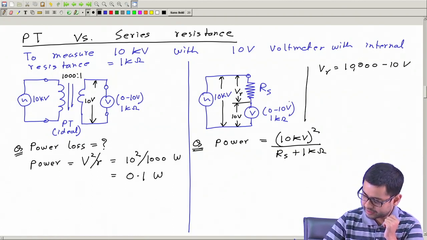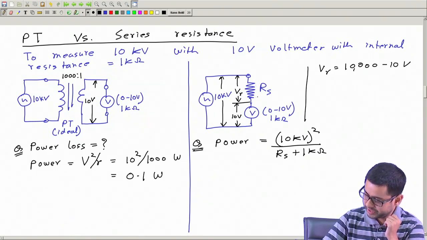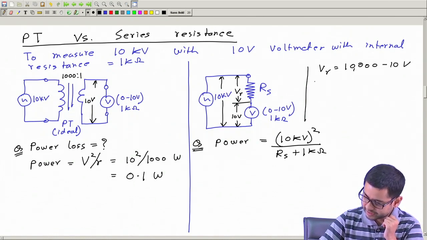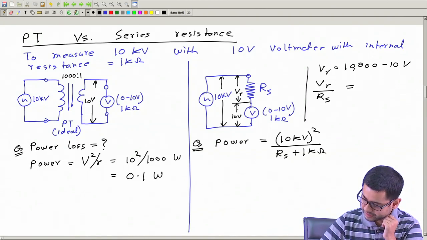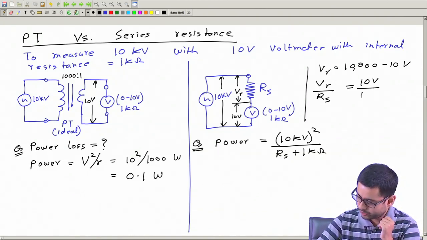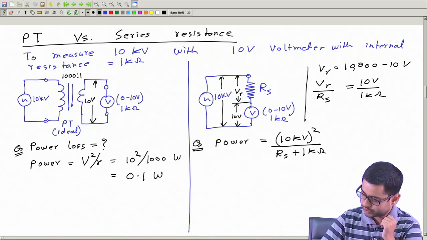Okay, and so how much should Rs be? So we can write that VR divided by Rs, which is this current, should be the same as 10 volt divided by this resistance 1 kilo ohm, because this is also the same current.